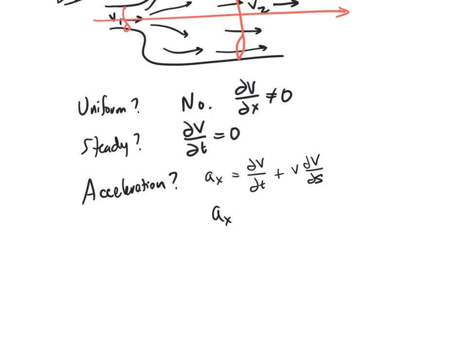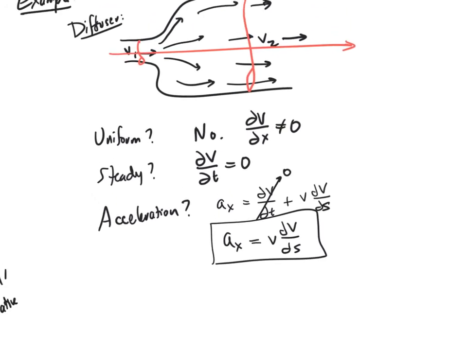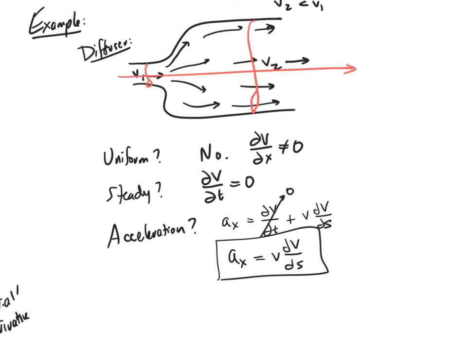If we do that, then we note that dV/dt is 0 because there's no acceleration in time. So in this case, the acceleration is only along the streamline direction, and it's only because the particle is along a streamline, and the streamline itself happens to be accelerating.